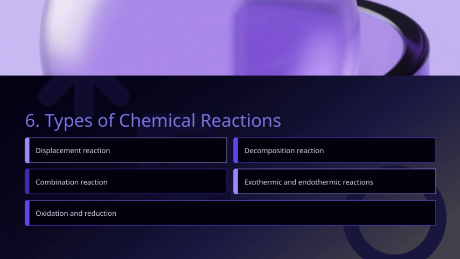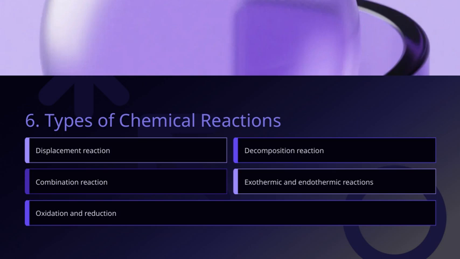Moving on, we come to the combination reaction. This is where two or more substances combine to form a new compound. It's like building something new from smaller pieces, and these reactions are common in synthesizing materials. Finally, there's the displacement reaction. Here, one element replaces another in a compound.